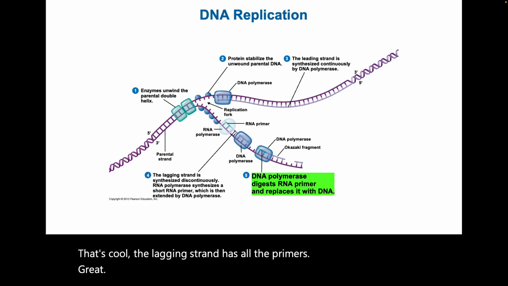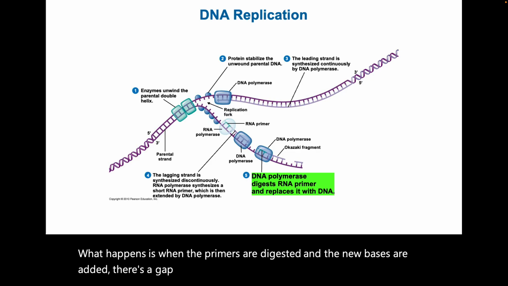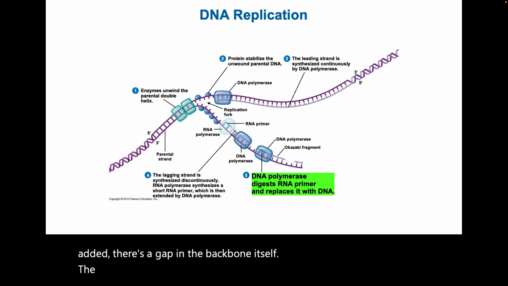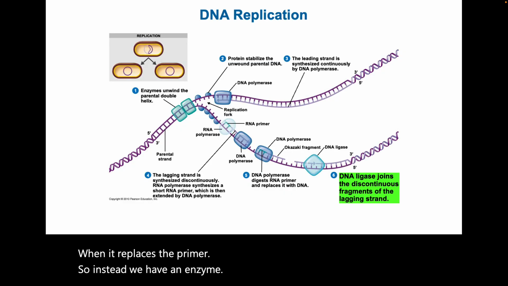Now there's still a problem, because when the primers are digested and the new bases are added, there's a gap in the backbone itself. The DNA polymerase doesn't seal the gap in the backbone when it replaces the primer. So instead, we have an enzyme called DNA ligase.